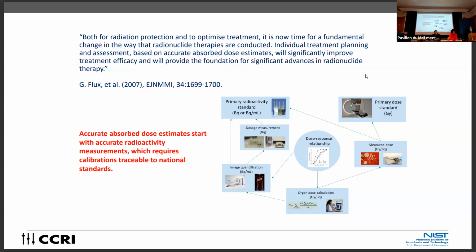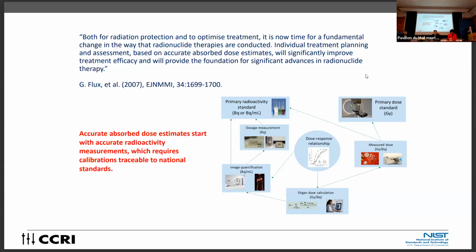And ideally, what we want to be able to do is establish a relationship between an injected dosage that you give and the dose that's actually imparted to the different tissues, and relate that to an observed clinical outcome. And we maintain, at least from the metrology standpoint, that the only way that you can do that is if all of your measurements, both on the activity side and on the dosimetry side, are related to fundamental quantities.